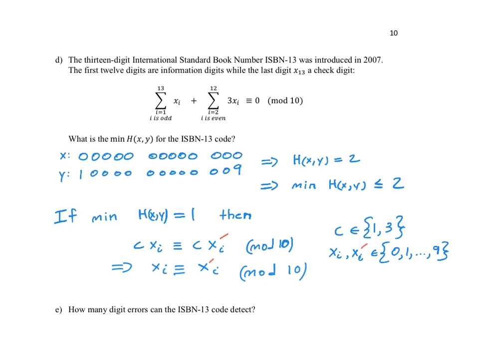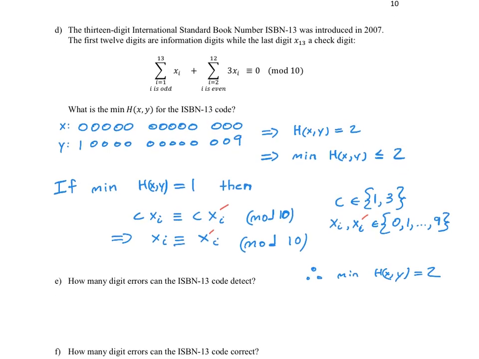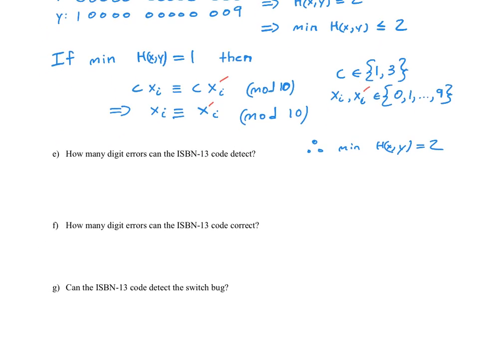So let's write that down. Therefore, the minimum h of x, y is equal to 2. So from here, we can again discover how many digits we can detect and correct. It's really similar to before. How many can we detect? Well, 1, because we compare it with n plus 1 equal to the number 2, which is the minimum Hamming distance.